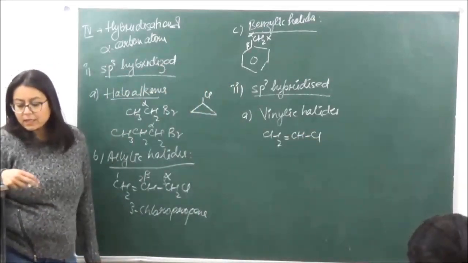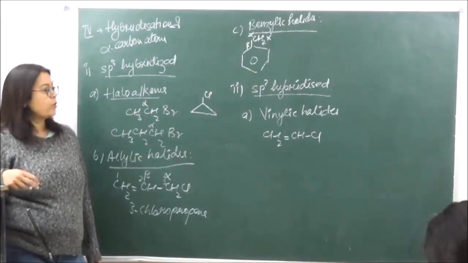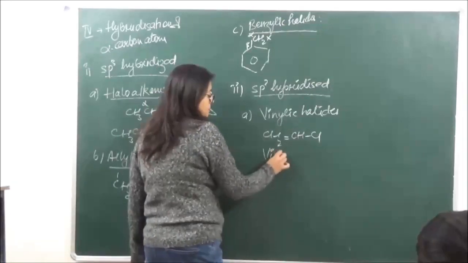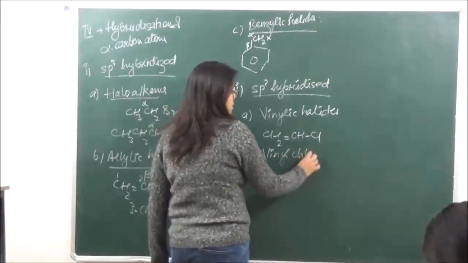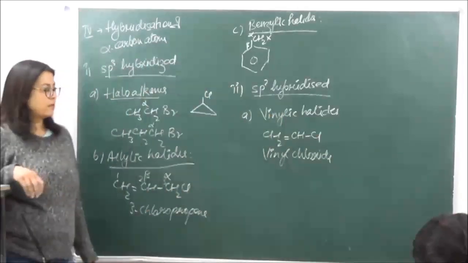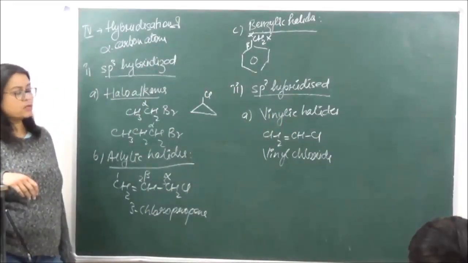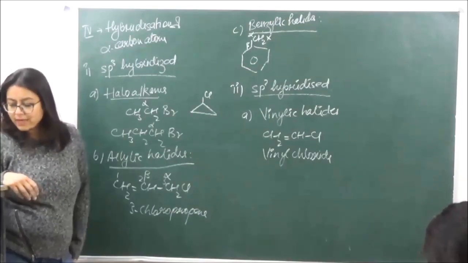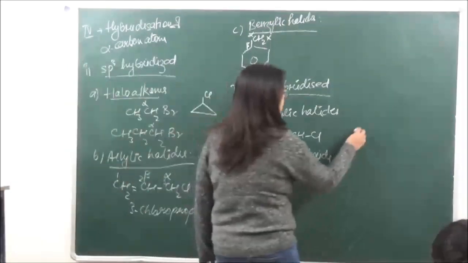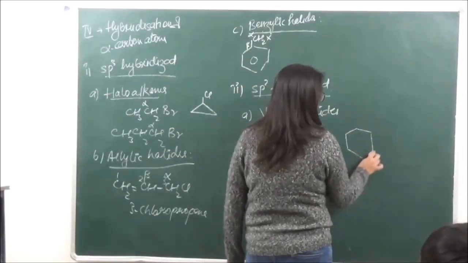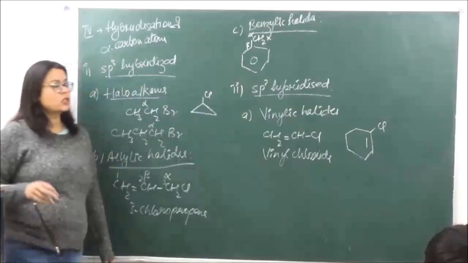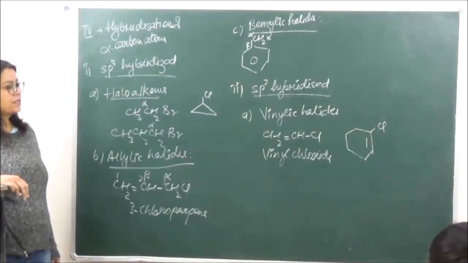This is commonly known as vinyl chloride, but the IUPAC name is going to be chloroethene. Then we have one halocyclohexene. This is also a vinyl halide.